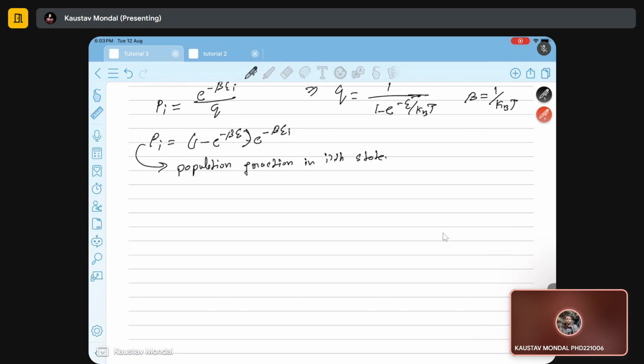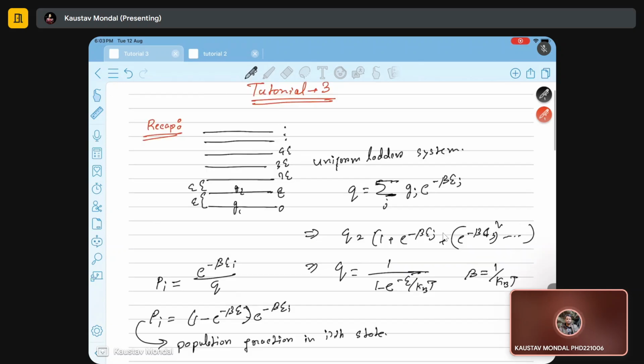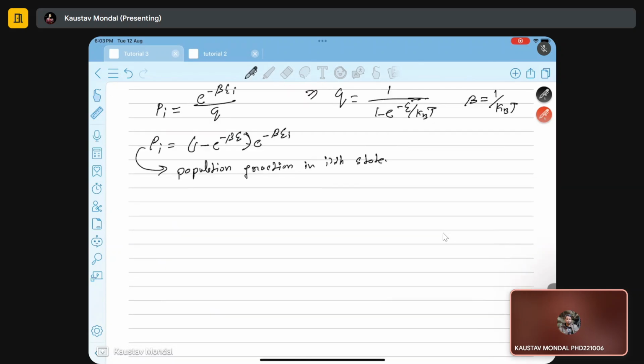Next thing we have done is the partition function of a particle moving in a 1D container.